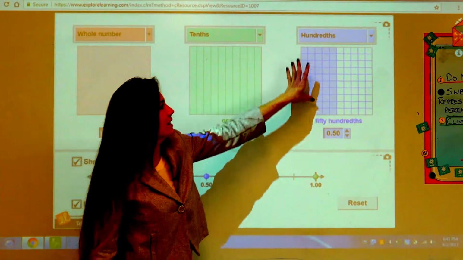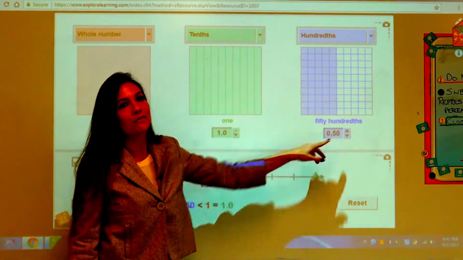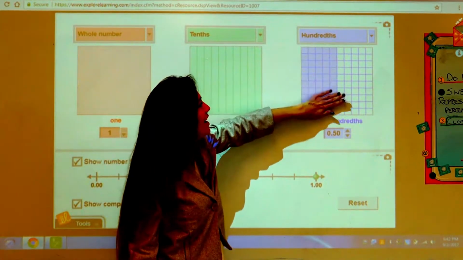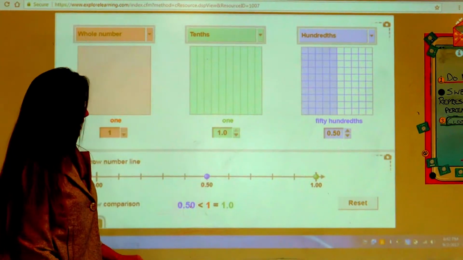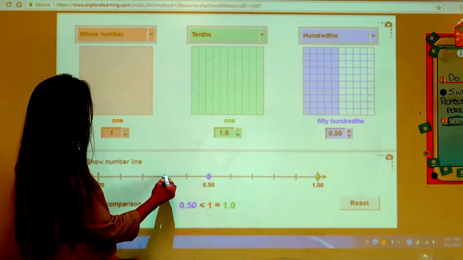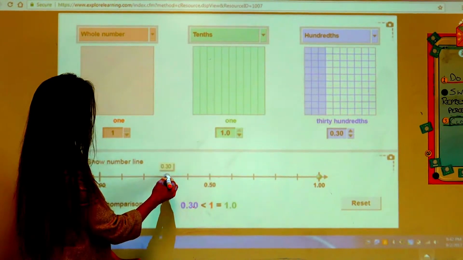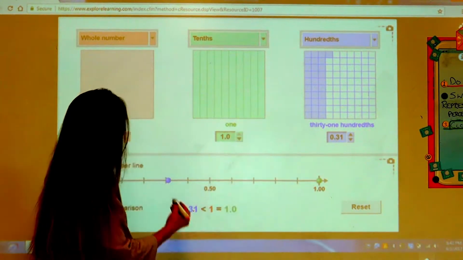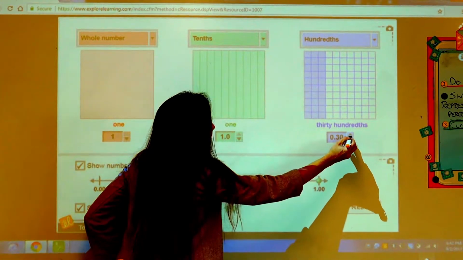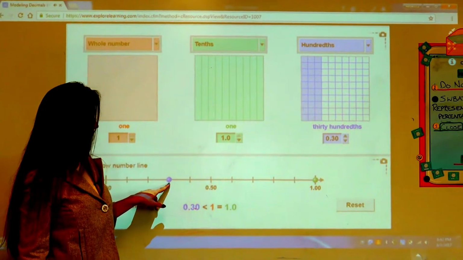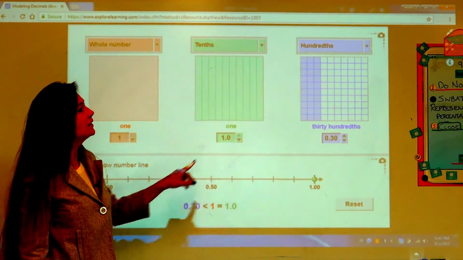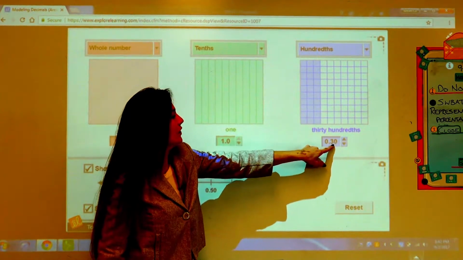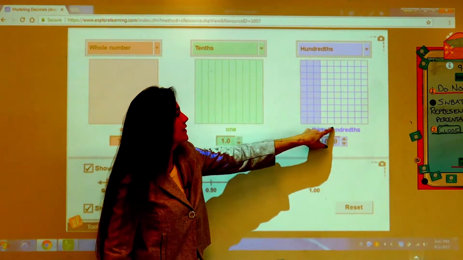Now it represents 0.5, half of 1. 0.3. There's 0.3 on the number line. 0.3, that's 30 hundredths.